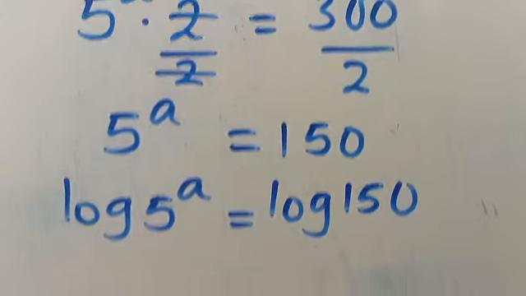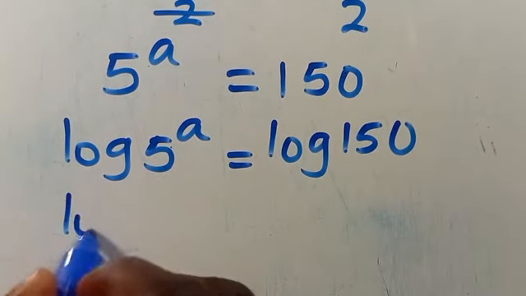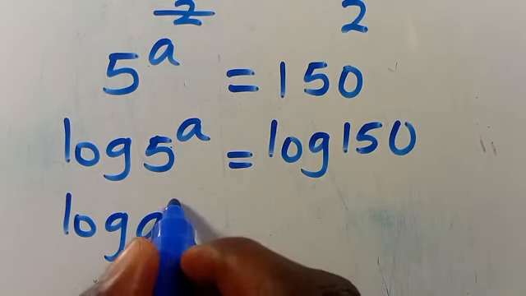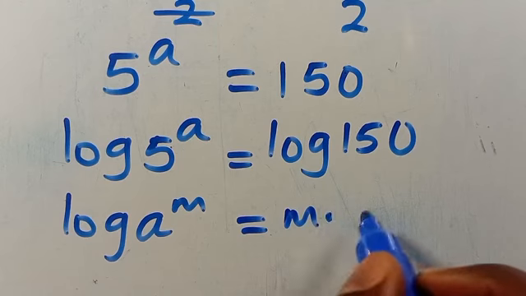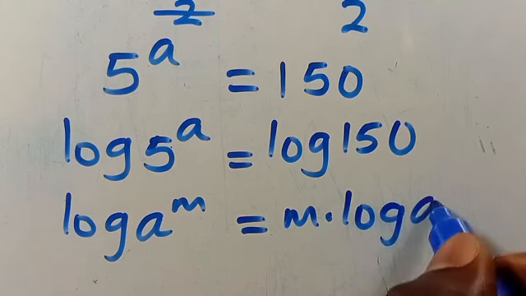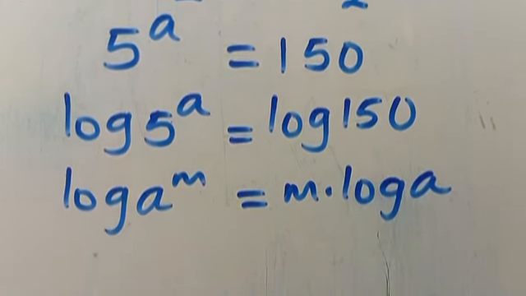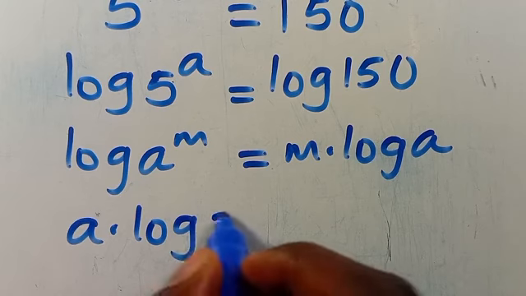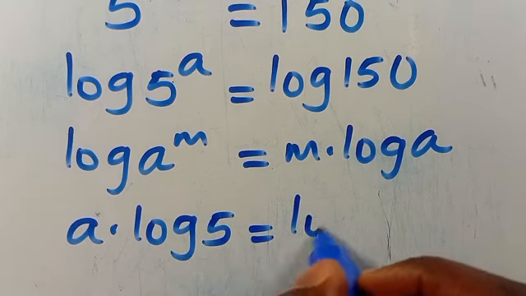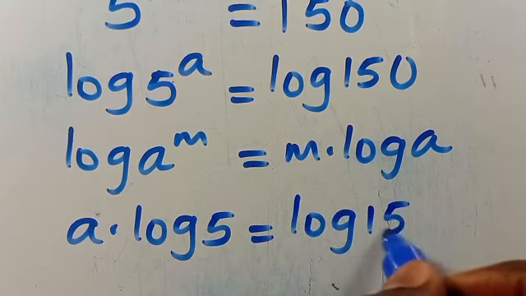Then let us recall that when we have log a to the power of m, this power m will come down to be m multiplied by log a. Applying it to this, we have a multiplied by log 5 equals log 150.